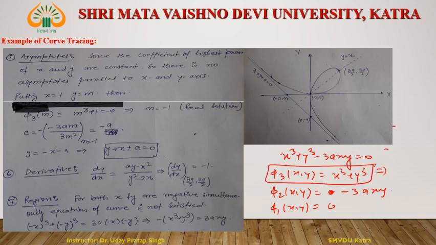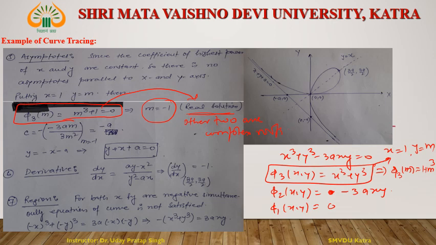Now replace x by 1 and y by m in this term. Then we obtain phi 3 of m is equal to 1 plus m cube. This 1 plus m cube gives m is equal to minus 1. This is the real solution of this equation, and the other two are complex roots.